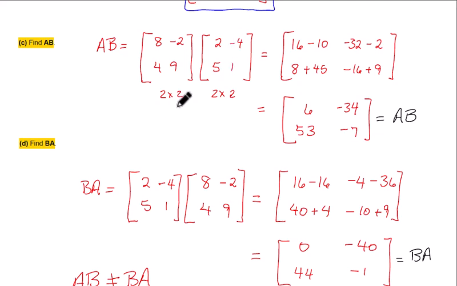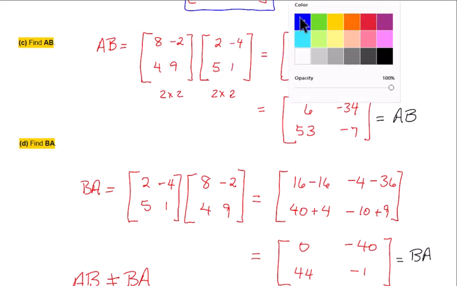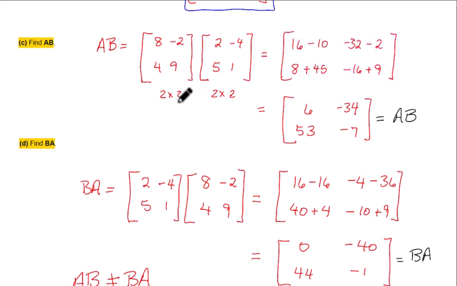Now the important thing to look at is the number of columns of the first: does it match the number of rows of the second? If that matches, then the multiplication is possible. And if you look at the outside two numbers, that says the size of your answer.